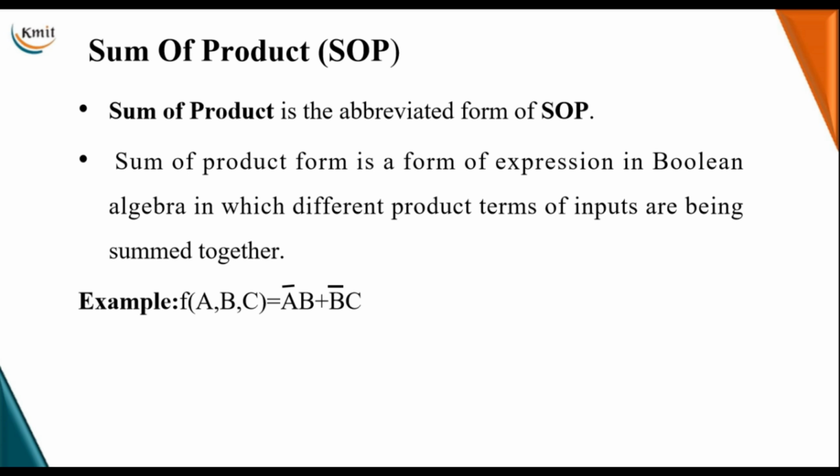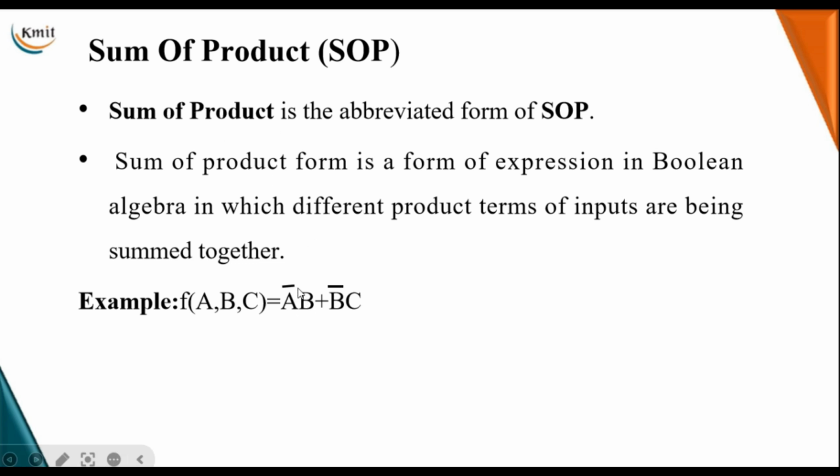Now, we have given an example here. A function with 3 variables, f of ABC, in sum of product form is ORing the product terms, where the product terms do not necessarily contain all the variables.